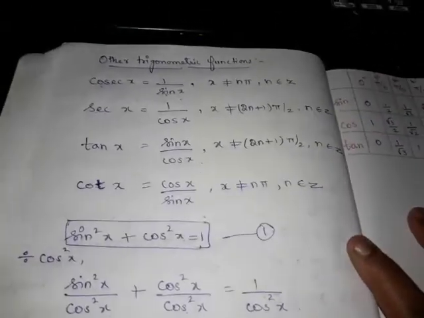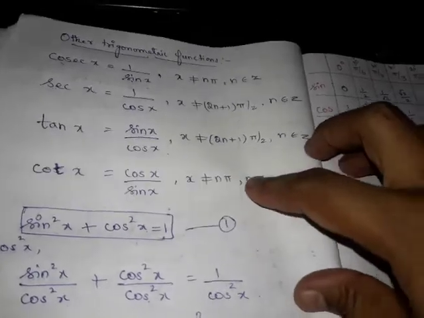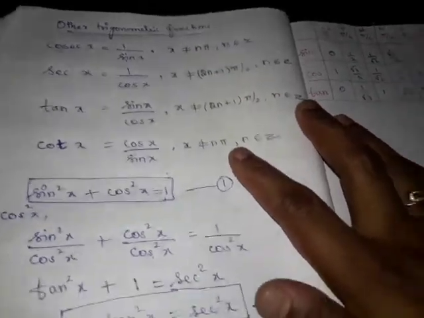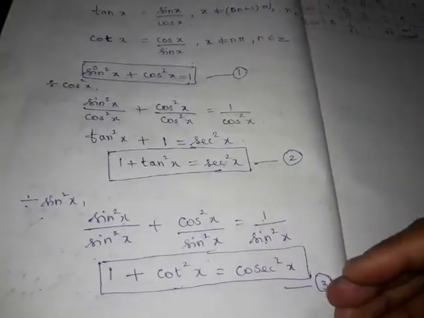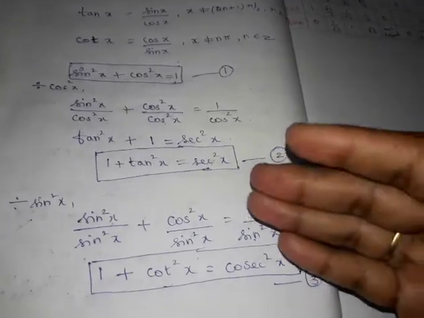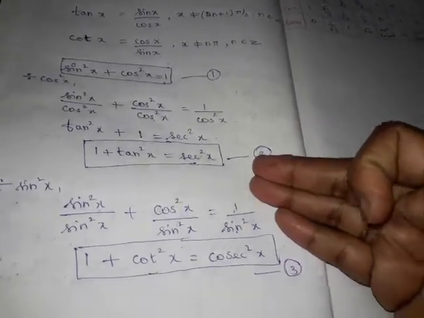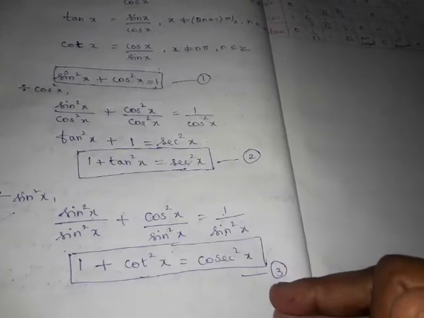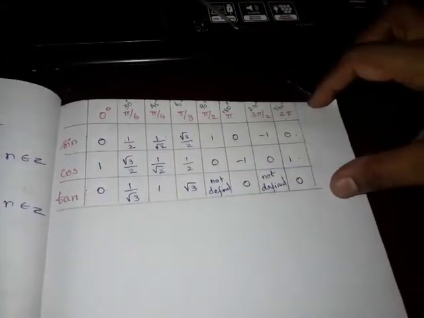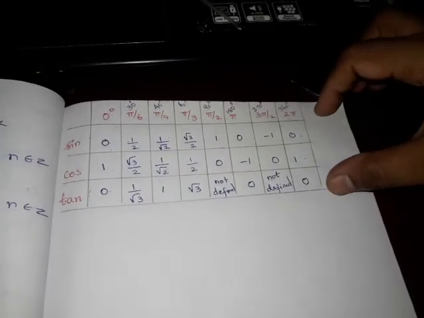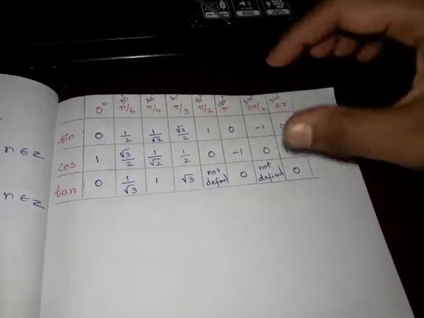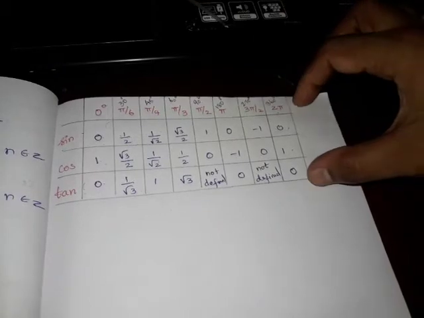Right? Then we learnt other trigonometric functions based on the sine and cos definition. Then we arrived at two more basic identities, 1 plus tan square x equals secant square x, and 1 plus cot square x equals cosec square x. Then we arrived at the trigonometric values of the standard angles in a table.